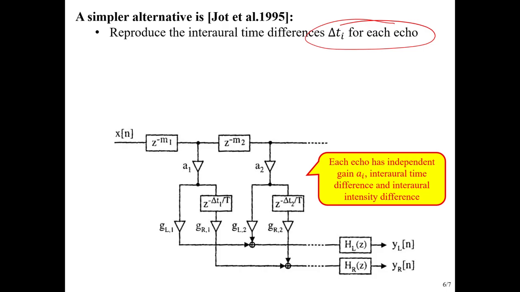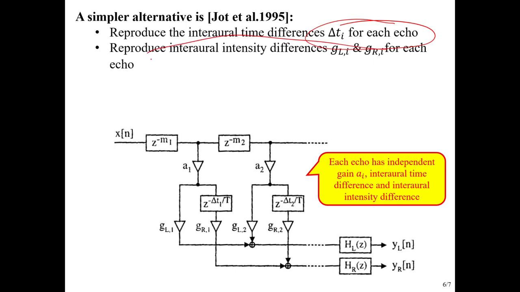And then you can set some interaural intensity differences. So we talked about these interaural time differences and interaural intensity differences in the last note set. So these things would set that as well. And so that sets a lot of the directionality.